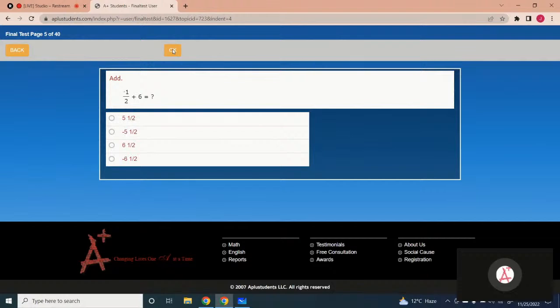Okay, the next one is negative 1 by 2 plus 6. So you have to subtract half from 6.